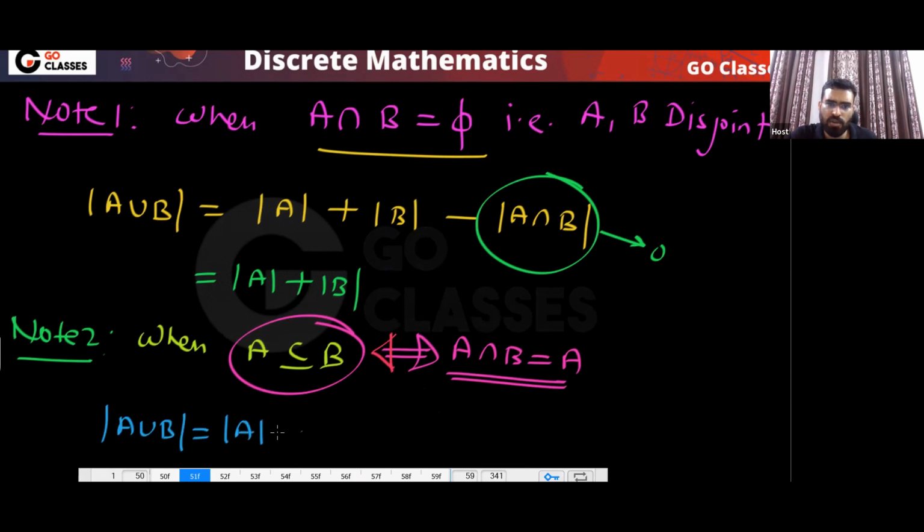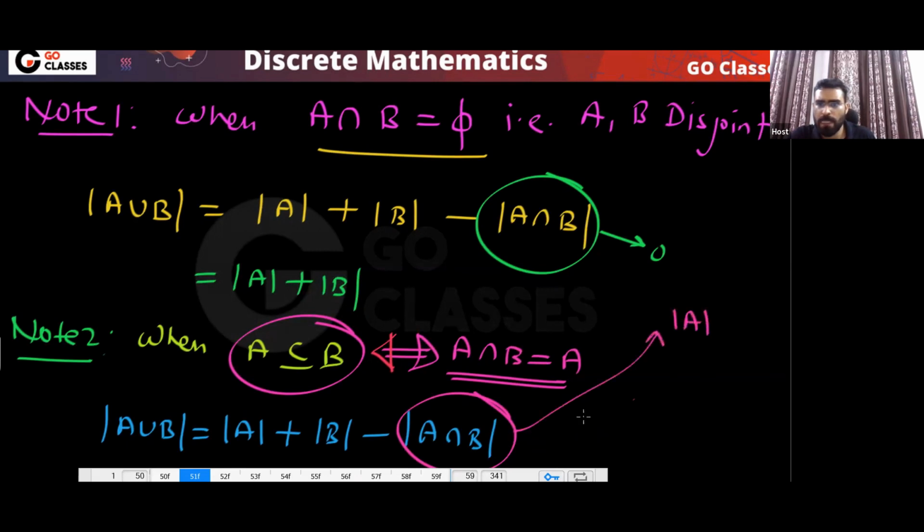That will be the cardinality of A plus the cardinality of B minus the cardinality of A intersection B. The cardinality of A intersection B is the same as the cardinality of A, so the cardinality of A cancels. So finally, the number of elements in B.